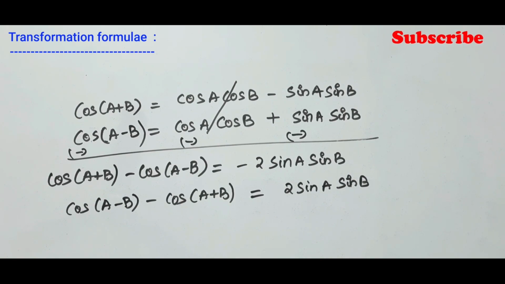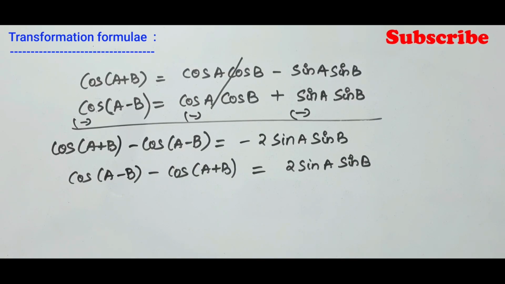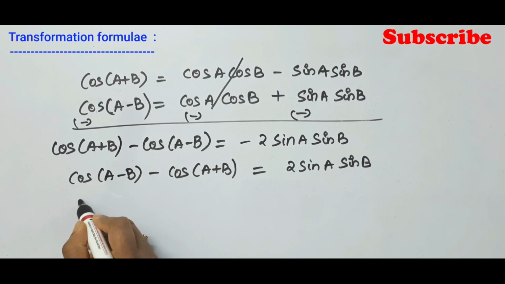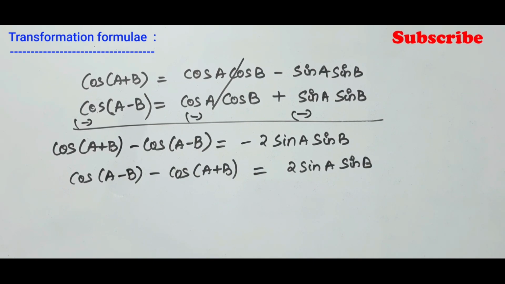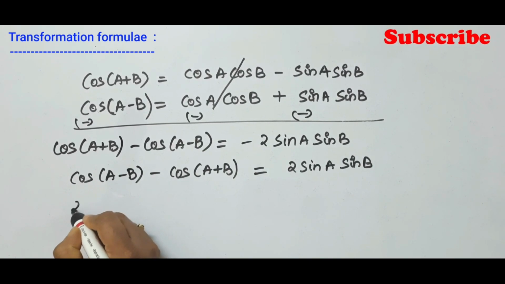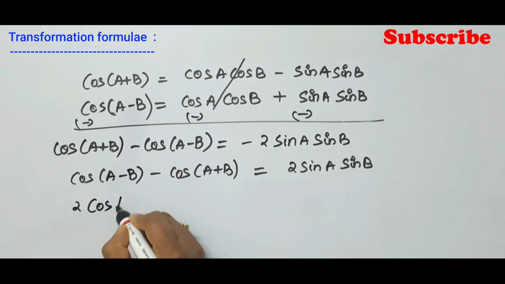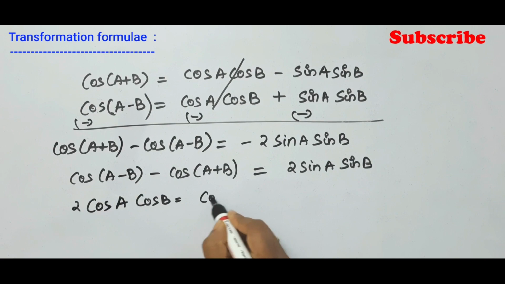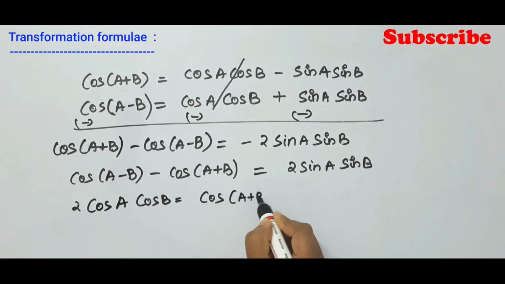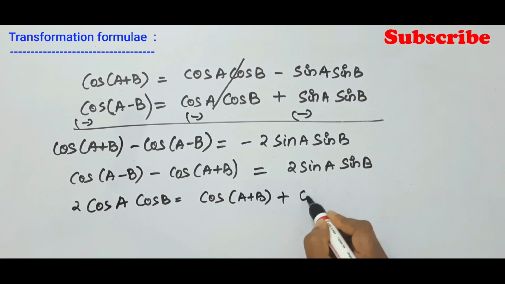Now, by adding cos of a plus b and cos of a minus b, we got 2 into cos a and cos b. By subtracting, we got another result. So we got 2 cos a cos b is equal to cos of a plus b plus cos of a minus b.